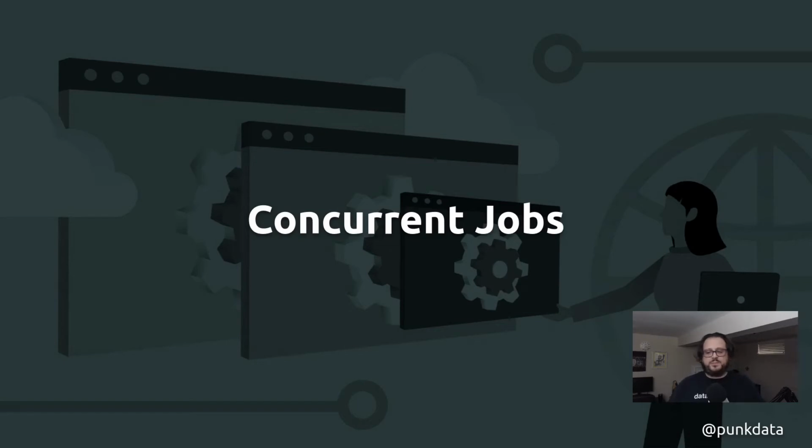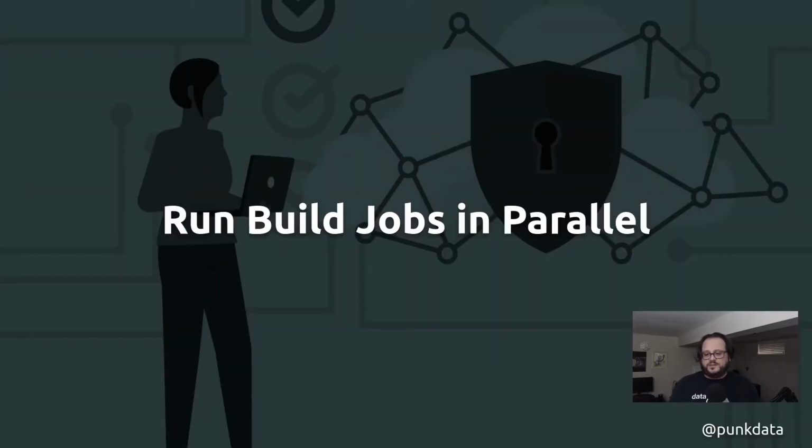So the other topic I wanted to talk about to help with optimization is concurrent jobs. A lot of folks build jobs, and they build dependencies on these jobs, which I have to tell you is a big mistake.